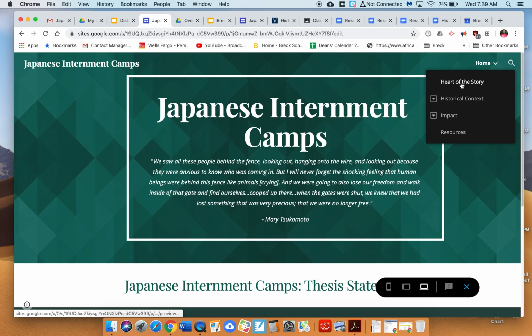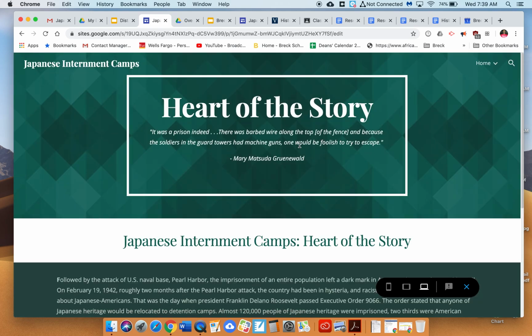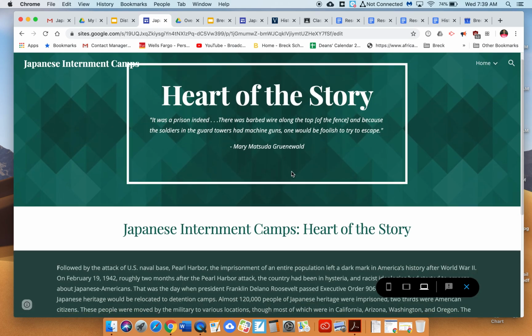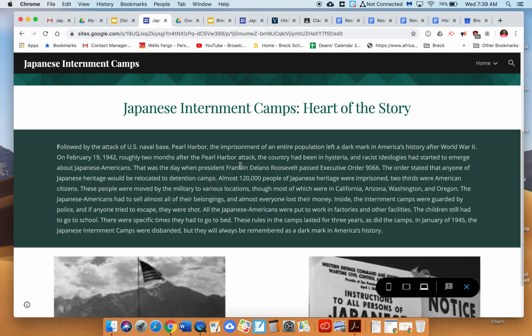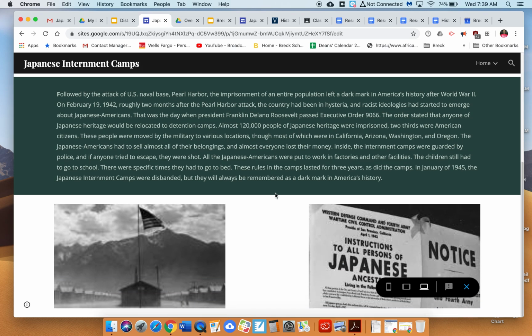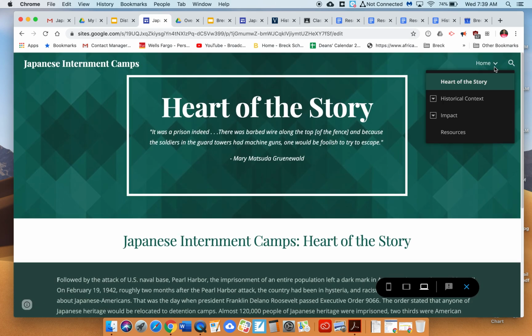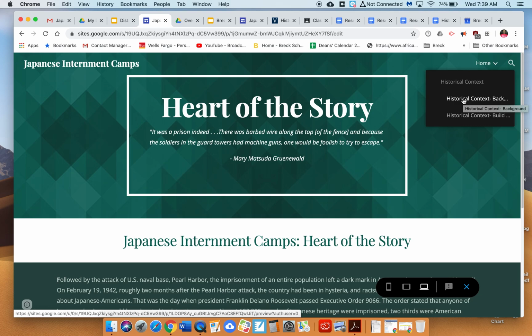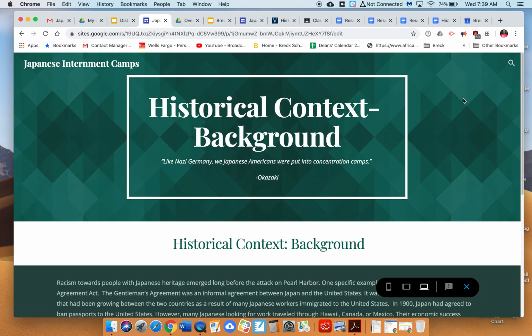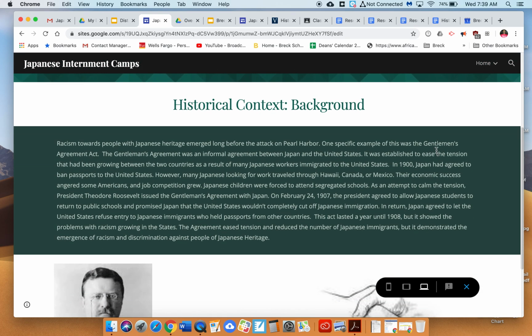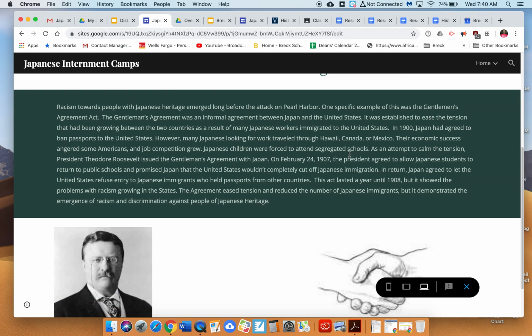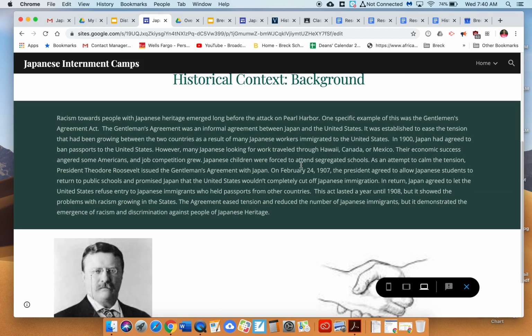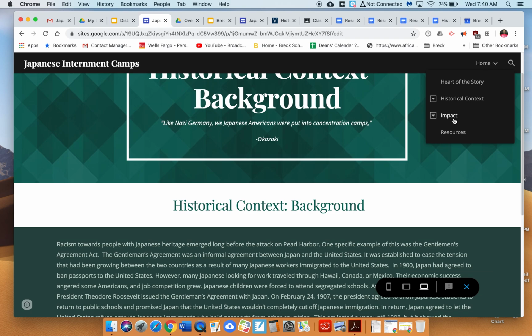So heart of the story, got the quote, it's got the title, heart of the story. Here is the actual event, or what the Japanese internment camps were, and some pictures. Now before the Japanese internment camps even happened, we have background, and this is probably about the immigration of Japanese people to America.